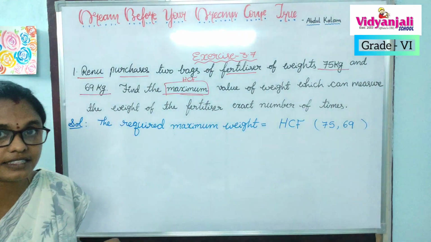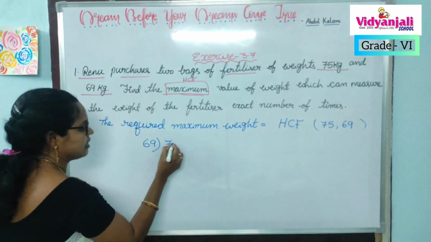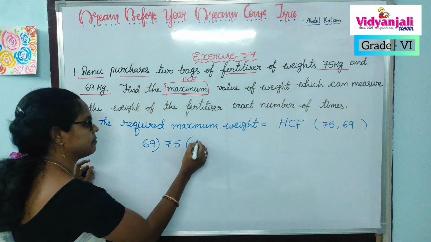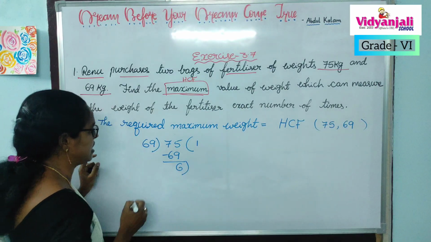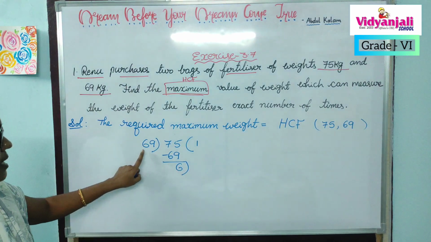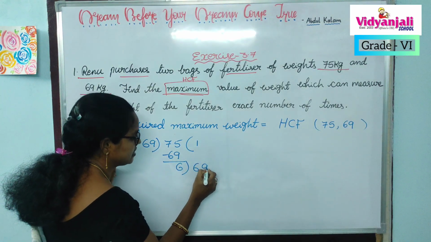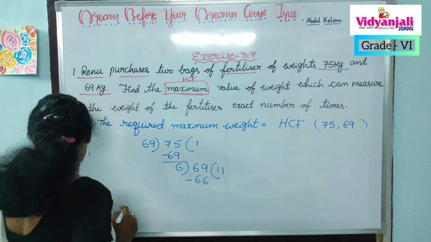We know how to find the HCF, right? Let's find the HCF by the long division method. In 69 table, 1 is 69 and 6 comes down, and we know that its previous divisor becomes the dividend. So 69. 6 11s, 66.